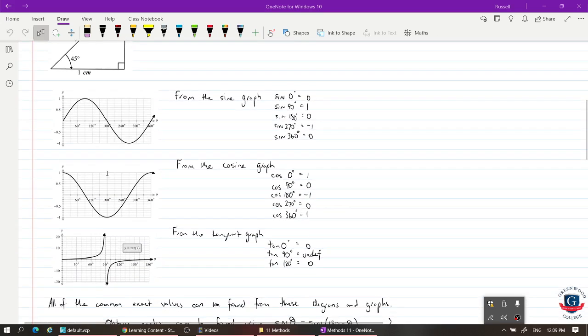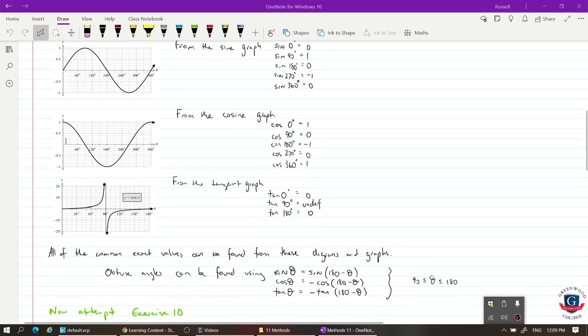From the cosine graph, we know that cos 0 and cos 360 is 1. Cos 180 is negative 1. And cos 90 and cos 270 are both 0. So all those values there.